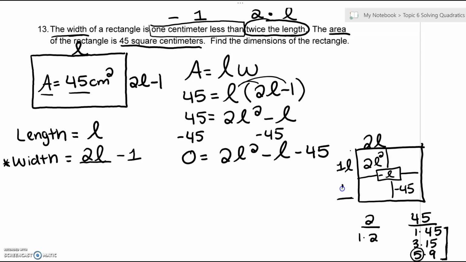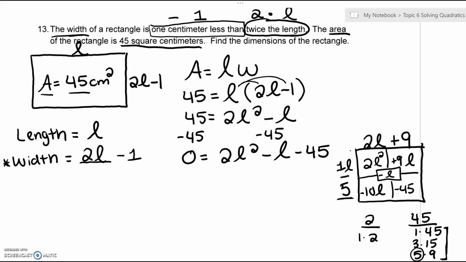So I'm going to put 5 in this spot right here, and that means its partner 9 has to go up here. So 1L times 9 is 9L. 2L times 5 is 10L. And in order to make 10L and 9L make negative 1, I need the 10 to be negative and the 9 to be positive, which means the plus goes between the 2L and the 9, and the minus goes between the 1L and the 5.